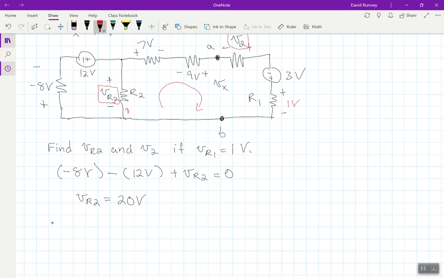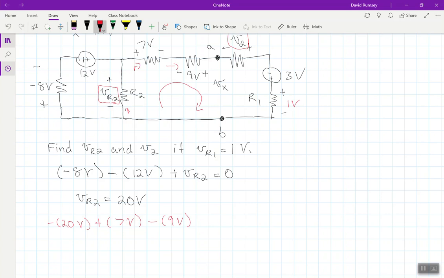So that means I have negative, and the VR2 itself is 20 volts. Then I'm coming into the positive side, so this would be plus 7 volts. Continuing on, the arrow's coming into the negative side, so that'd be minus, the value is 9 volts.